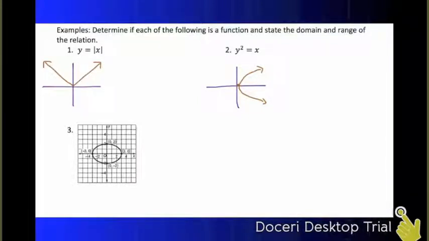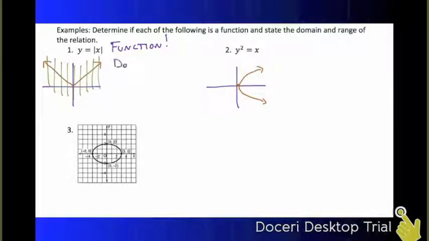Okay, so looking at the first one, we can draw lines all up and down across this, and there will not be a single place where that green hits our function more than one time. So we can say this is a function. And now we want to list the domain and range.